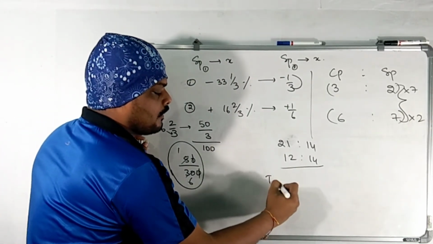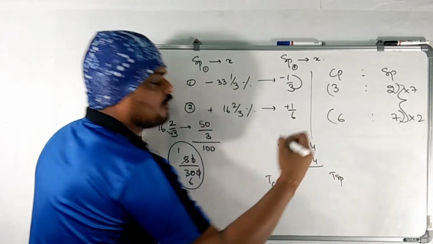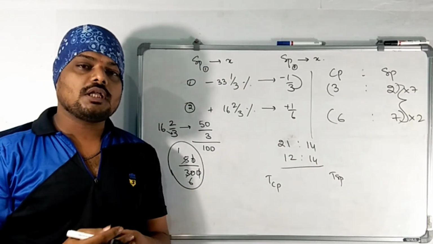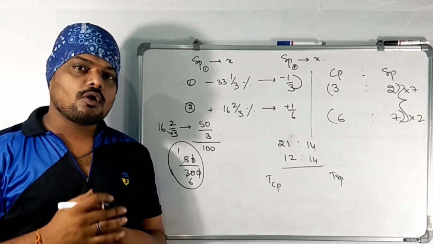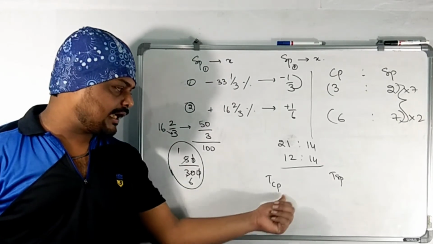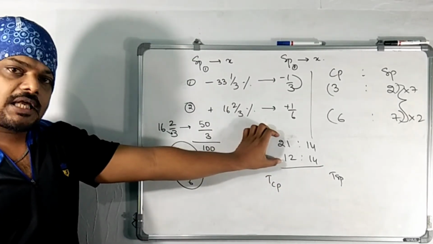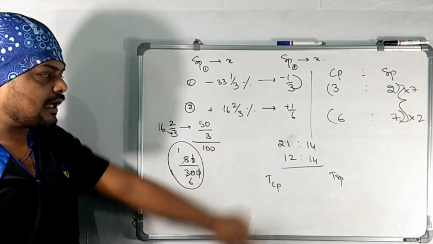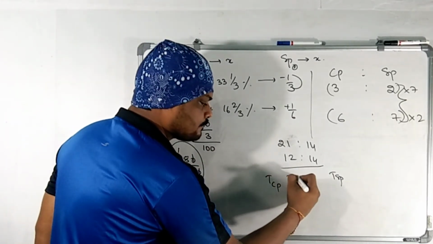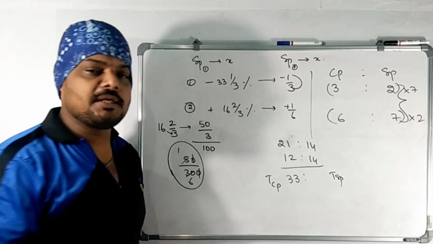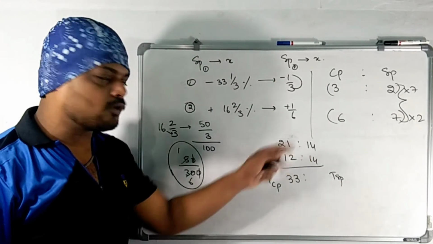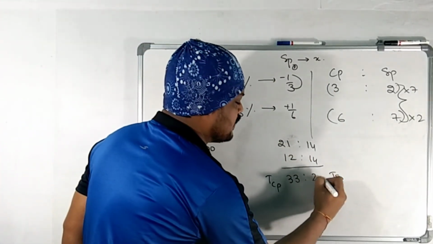For calculating the overall profit or loss percentage, I need the total cost price and total selling price. In units, the total cost price of both the articles will be 33, and the total selling price of both the articles will be 28 units.